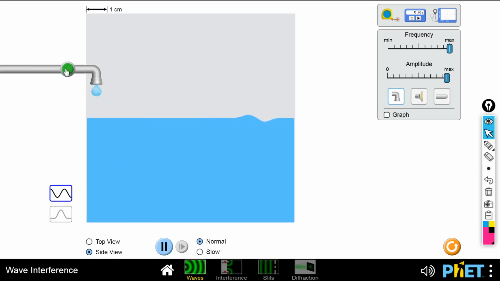Clear out, and then we'll let it run on a continual basis. As we see, it produces a continual set of waves. Now we'll notice that the wave height over here, or the wave amplitude as it would be called, is different than at the source. The faucet is what we call the source. And it's substantially different.